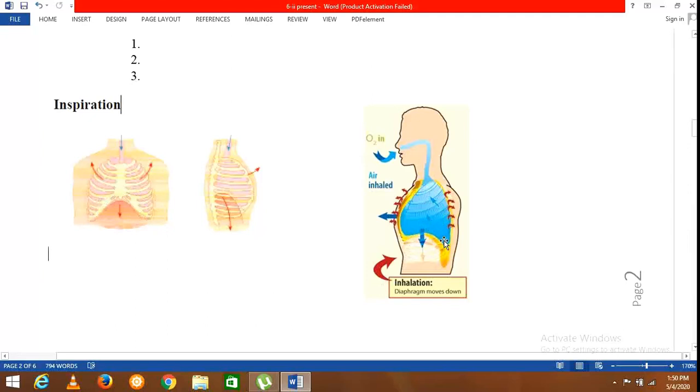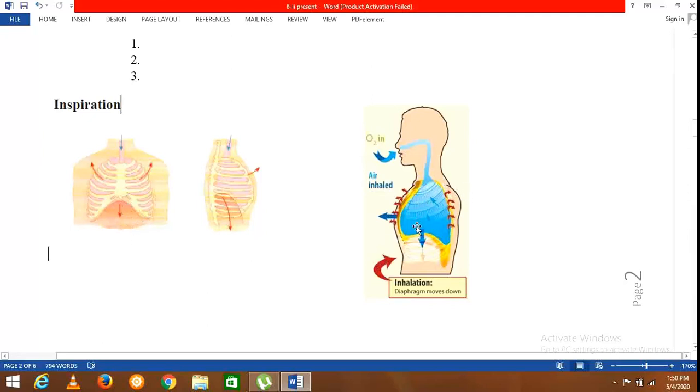So in order to increase the volume of the thoracic cavity, the diaphragm contracts and it reduces its curvature. That means it moves down in order to reduce the curvature. Due to the contraction of intercostal muscles, ribs move upwards and forward. Due to the contraction of the diaphragm, it reduces its curvature.